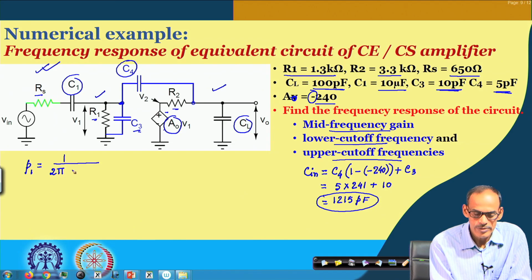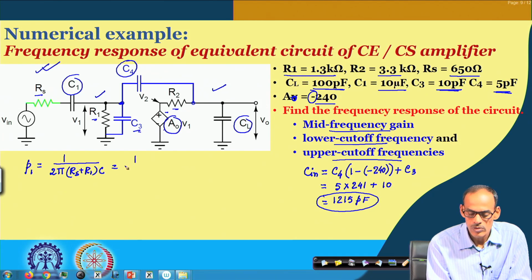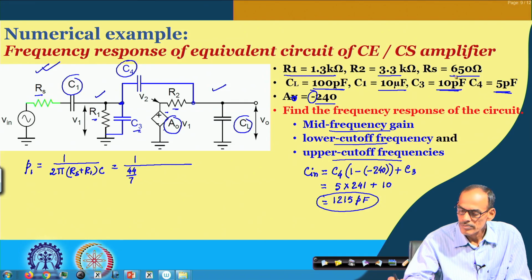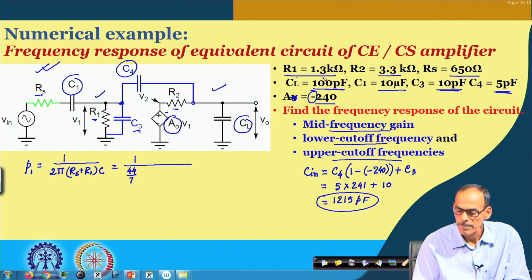So, 2 pi multiplied by R s plus R 1 into C 1. So, this is equal to 1 by 2 pi, R s is 650, and then R 1 is 1.3 k.